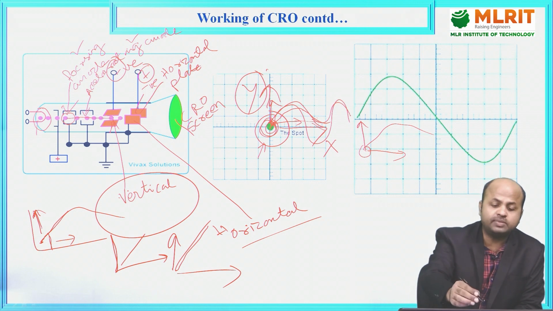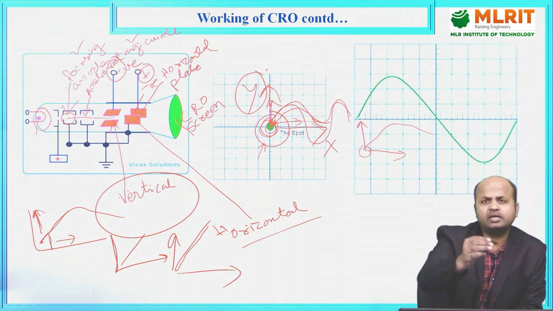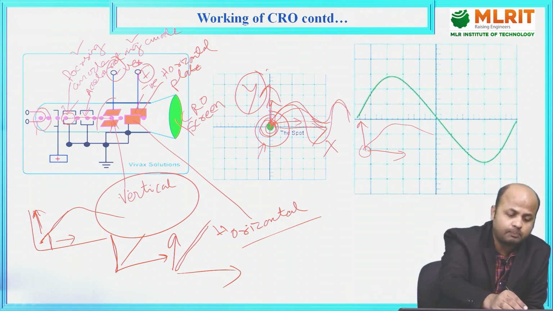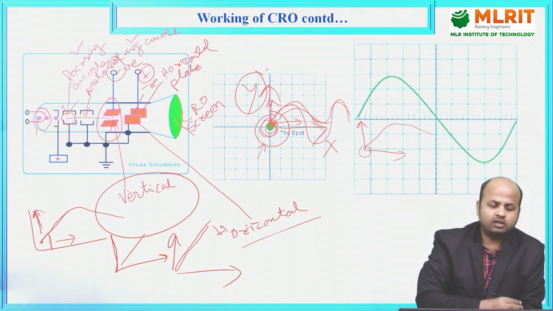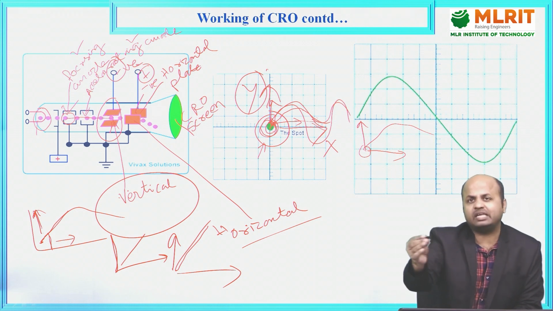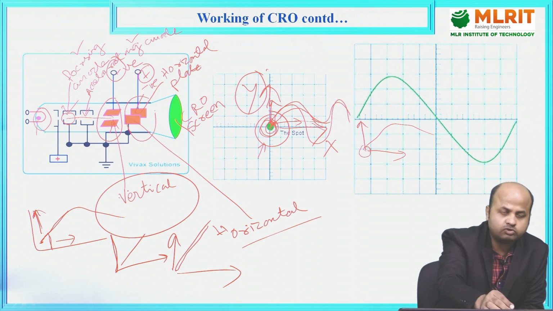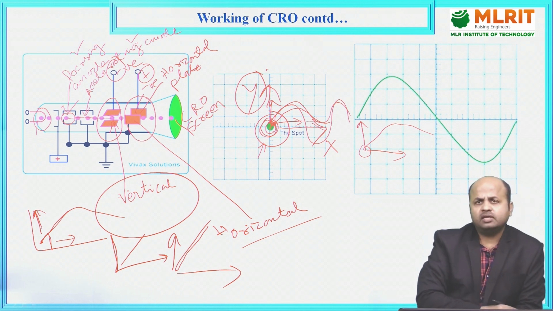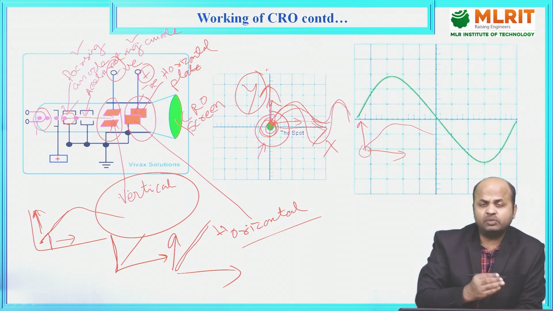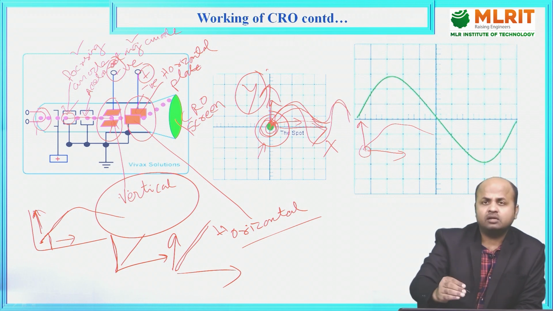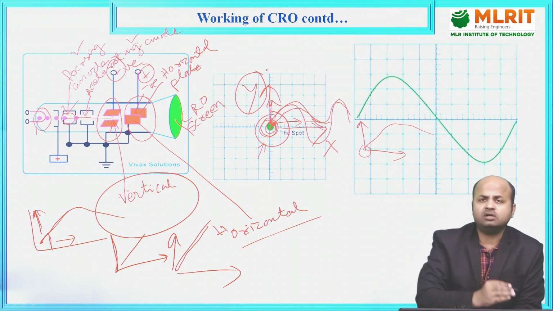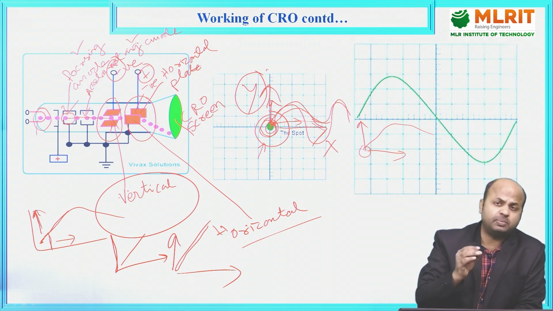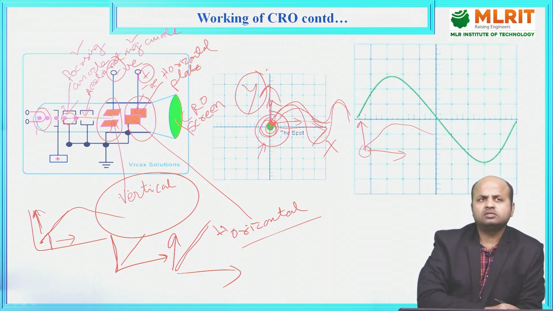And how to move the electron beam towards the y-axis? By means of the vertical plate voltage. Okay. How to move the electron beam towards the x-axis? By means of the horizontal plate voltage. In this way, by means of the electron beam, we can plot any signal on the CRO screen, and this is the basic principle and working of a CRO.